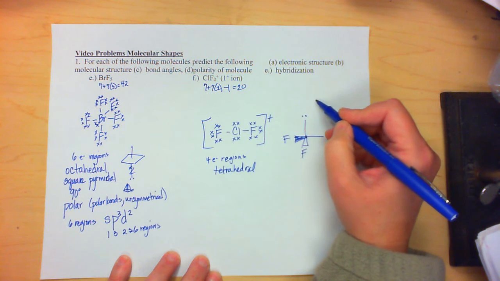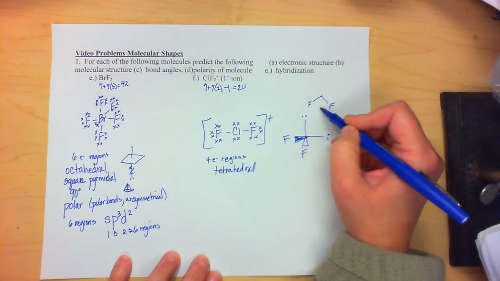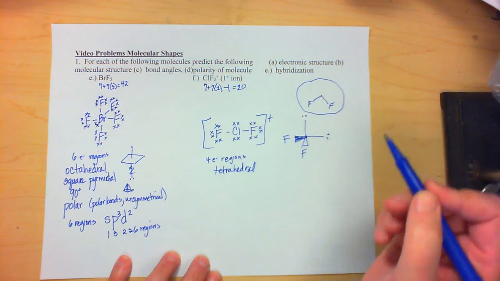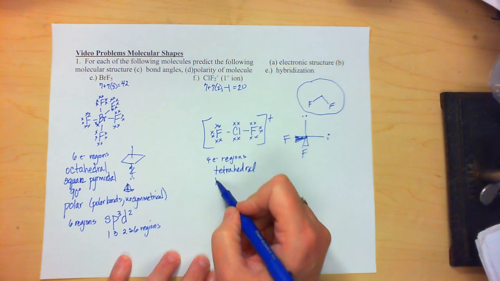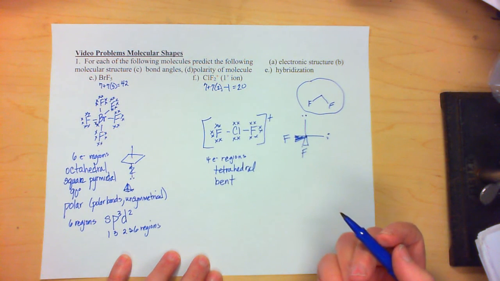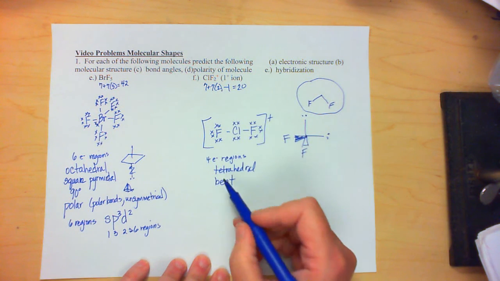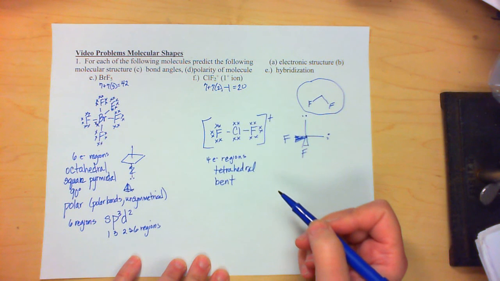So technically you don't see that. All you see is this. This is what you visualize. So that means that the molecular shape is bent. Remember, lone pairs have an effect on shape, but you can't see them. They're like glass. So we have our bent molecule.